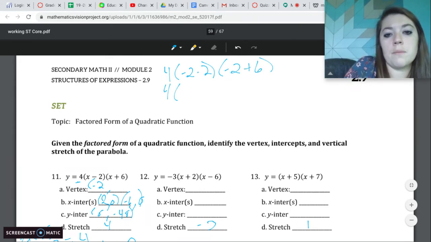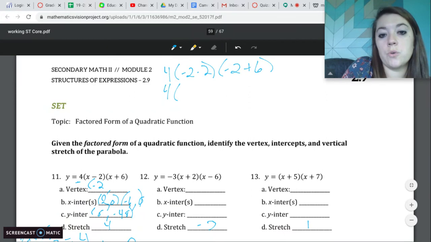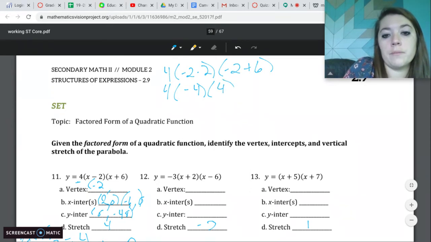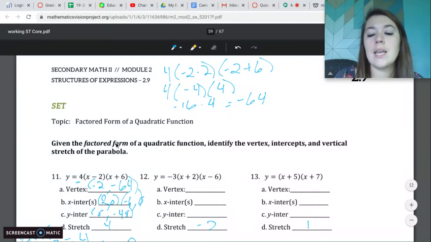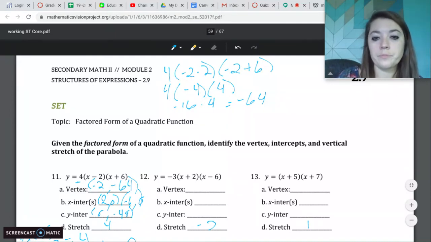So -2 minus 2 is going to give us a -4, and then -2 plus 6 is going to give us a +4. And 4 times -4 is -16, times 4 is -64. So our vertex is at the point -2, -64.